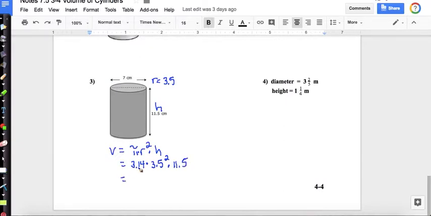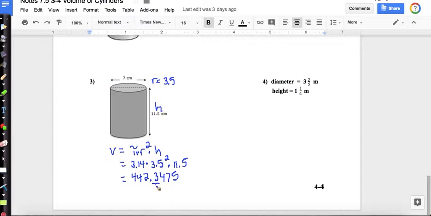And I've already typed this into my calculator, so it's 442.3475. Whoa.